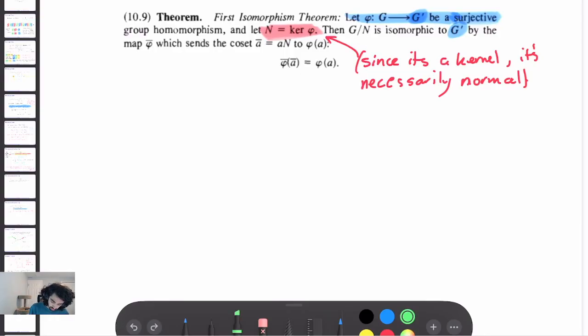Again, remember you can write it in that bar notation as well. And it needs to spit out something. Well, it needs to spit out phi of a. And what is a? a is an element that you choose to represent the coset.